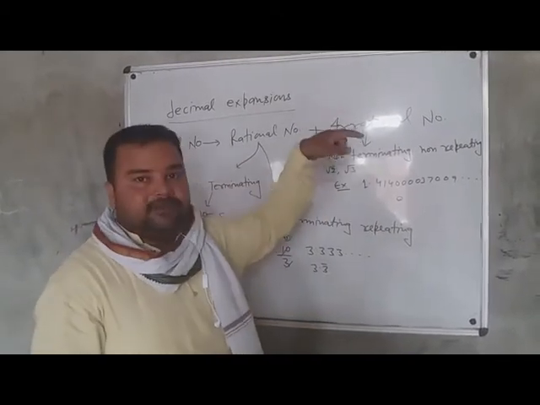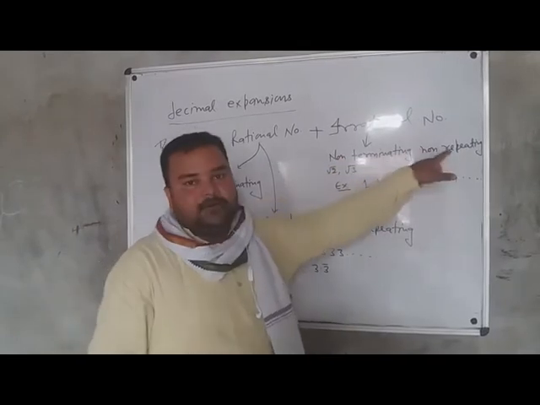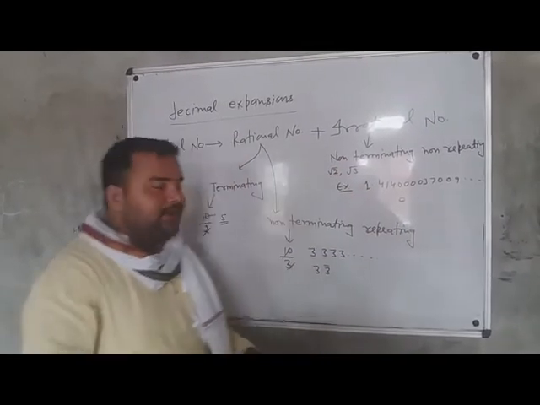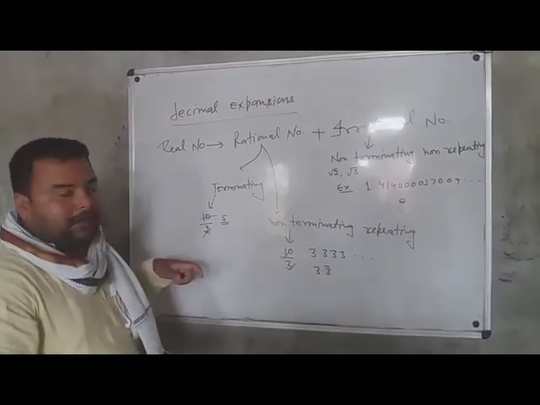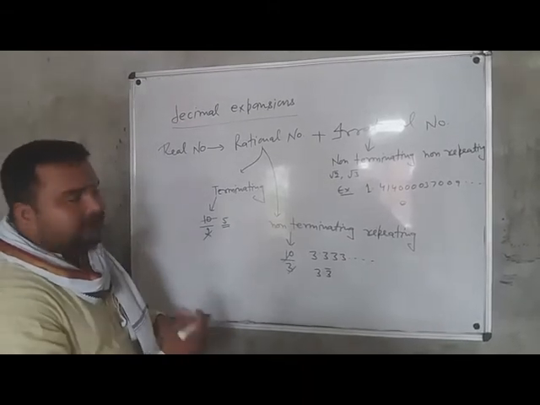So these are irrational numbers, non-terminating, non-repeating. Please have a look at the board and then we will solve the exercise.